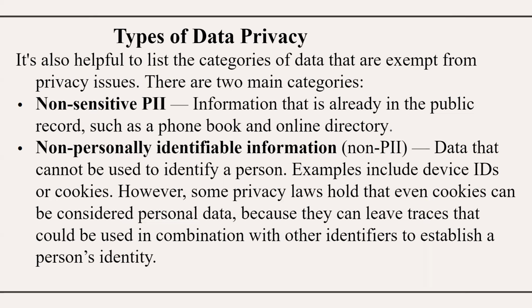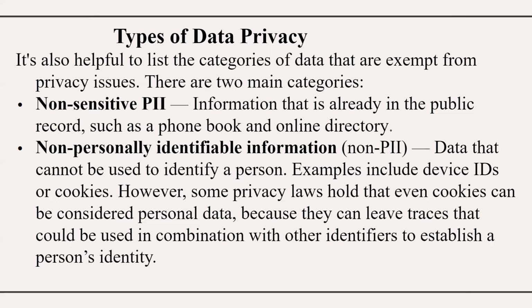We also have the non-personal identifiable information, which is the non-PII. This is data that cannot be used to identify a person. Examples include device ID or cookies. Sometimes you might see data that includes people's device IDs or cookies.